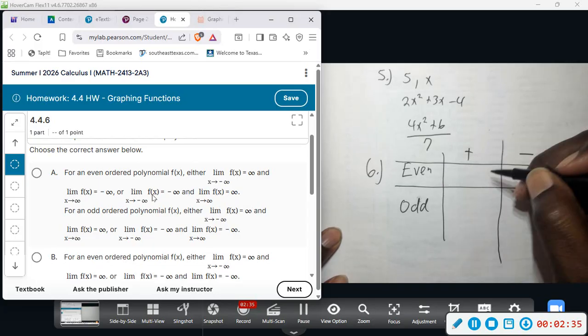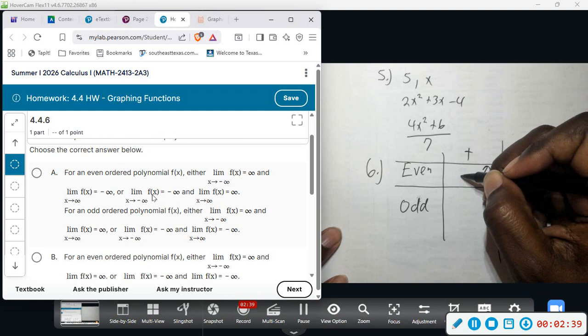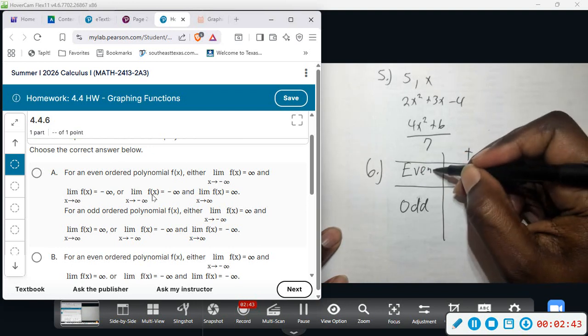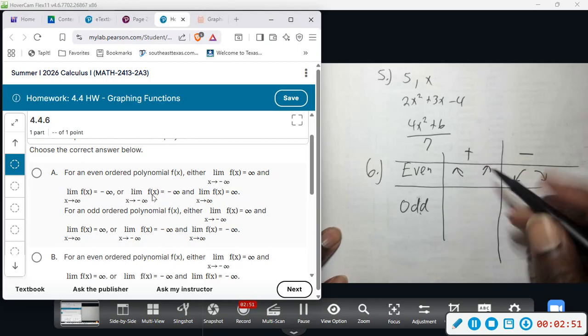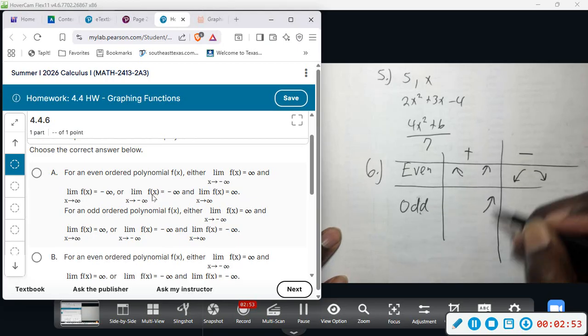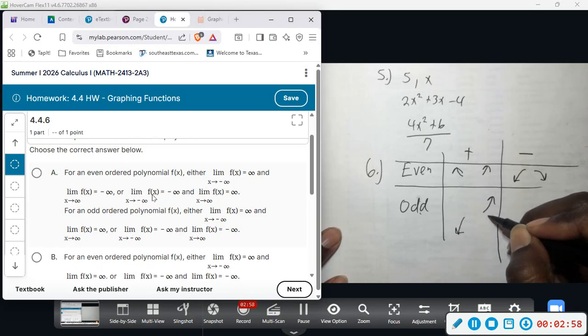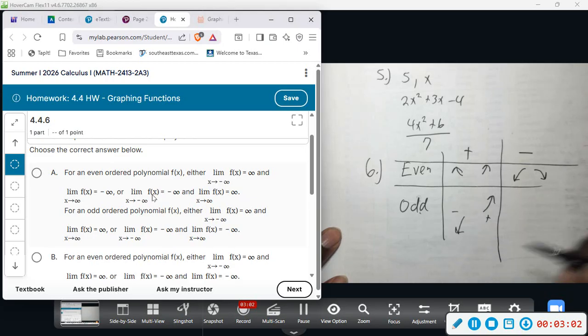If you have an even degree and it's positive, both ends will go to positive infinity. If you have even and it's negative, both ends will go down to negative infinity. If you have an odd degree and positive, the right side goes up to positive and the left side goes down to negative.